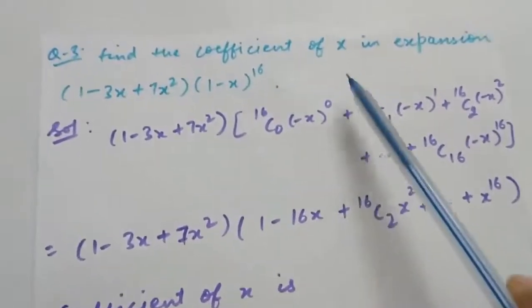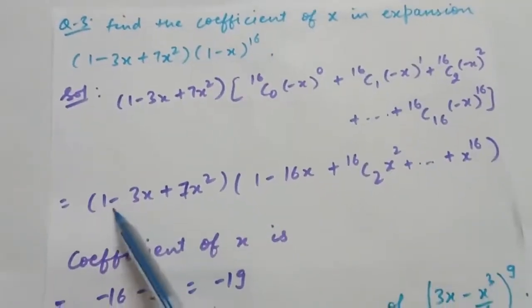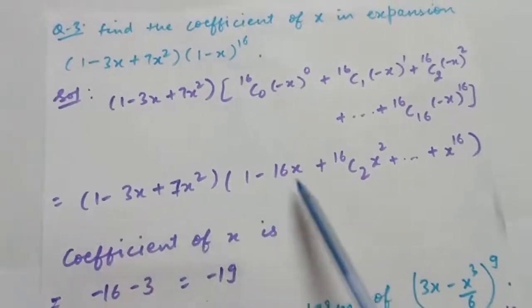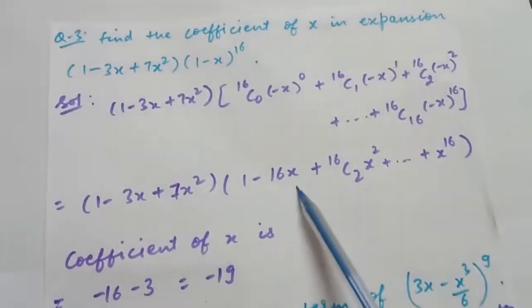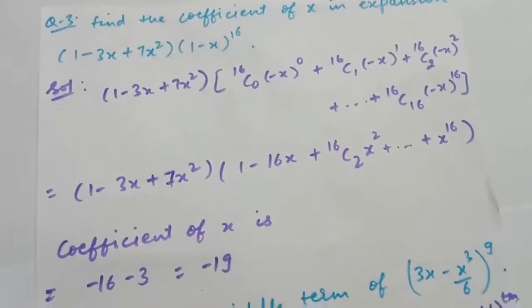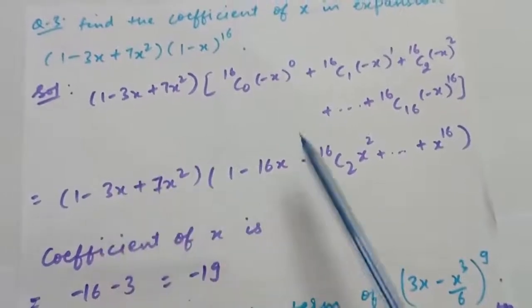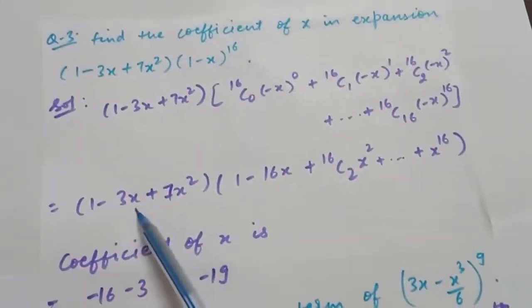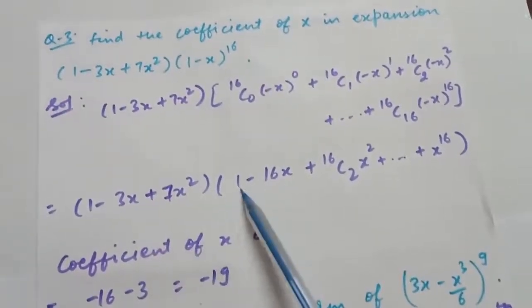Now see, we want to find the coefficient of x. Here this is the constant term, so we will multiply this term with −16x to get the coefficient of x. To get the coefficient of x, we have to find out the terms which contain x. Then this −3x, because it has already x in it, multiply this with the constant term.